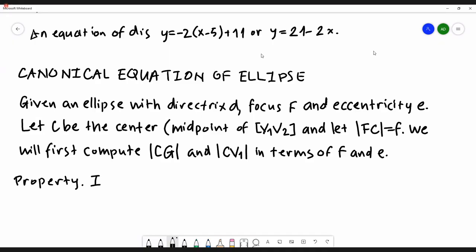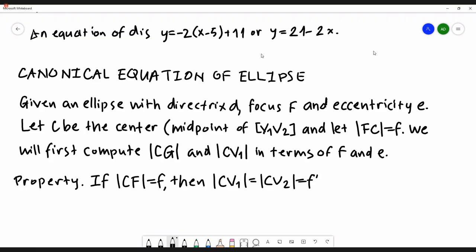If the distance from center to focus is F, then CV1 is equal to CV2 is equal to F divided by E, and the distance between the center and directrix is F over E squared. Now we will prove this.